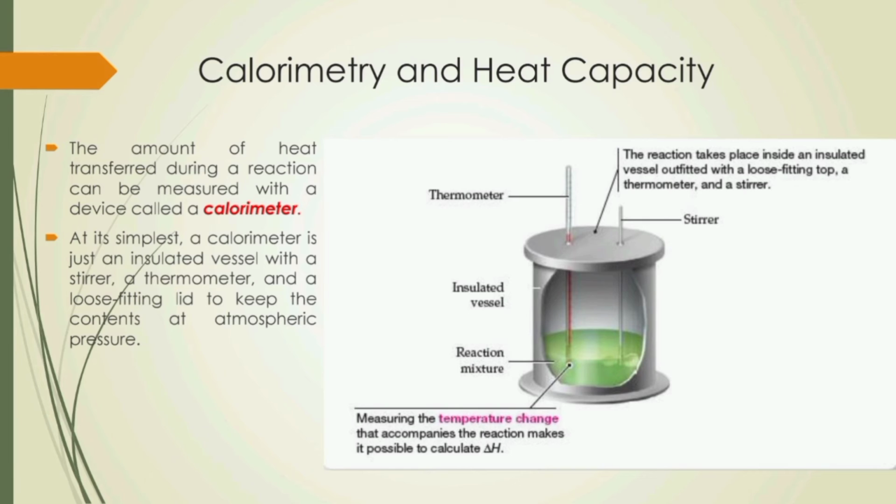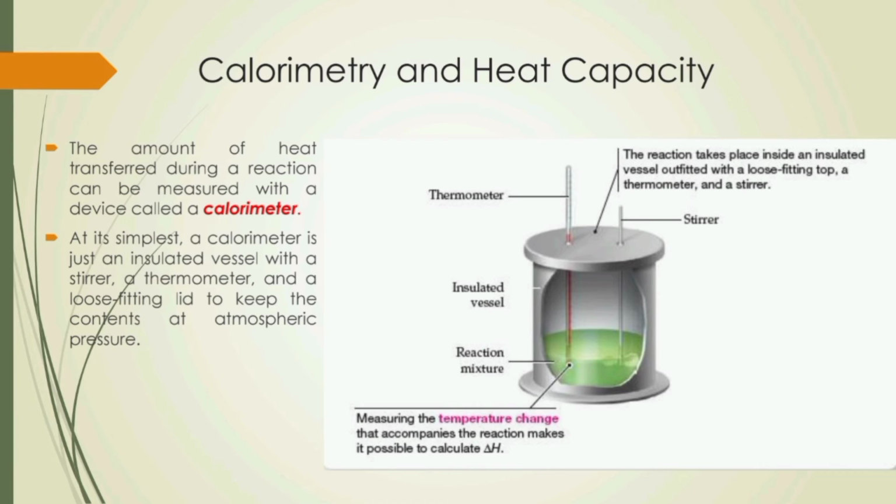The reaction is usually carried out inside the vessel, and the heat evolved or absorbed is measured by the thermometer inside the calorimeter. And also, the pressure inside the calorimeter is constant because of the equivalence to the atmospheric pressure.